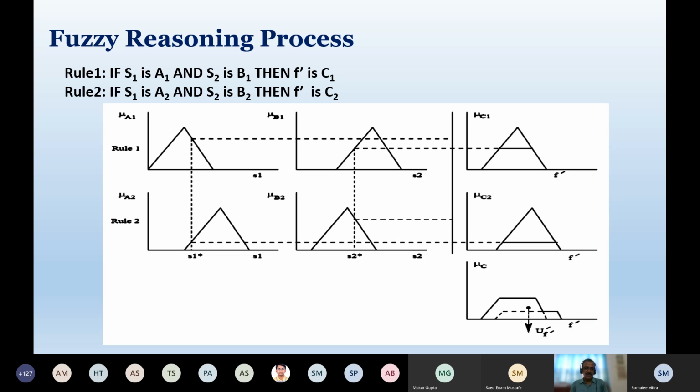Supposing I pass one set of S1 star and S2 star, the moment I pass S1 star, the temperature corresponding to A1, I'll get this much of mu. Then corresponding to S2 star, I'll get this much of mu.